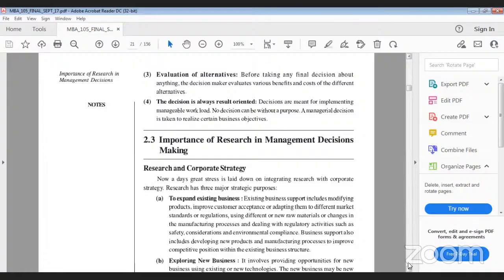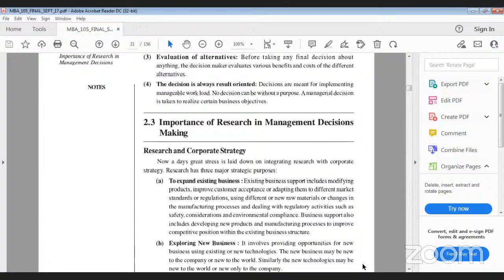Research has three major strategic purposes: to expand existing business, which includes modifying products, improving customer acceptance, or adapting them to different market standards or regulations, using different or new raw materials or changes in the manufacturing process, and dealing with regulatory activities such as safety considerations and environmental compliance.